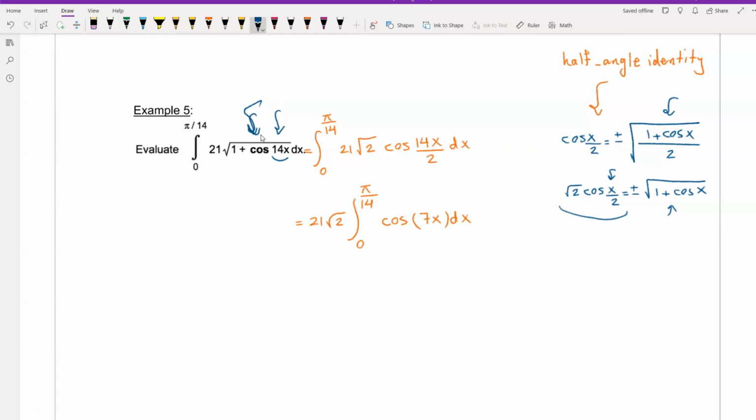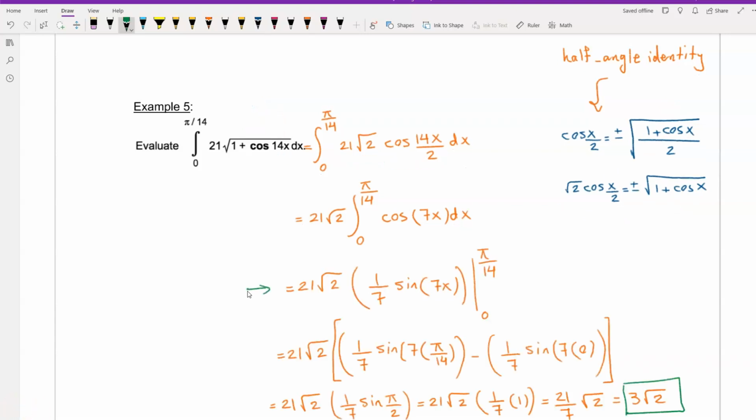So that is equal to, I moved this part outside of the integral and rewrote what we have after the integral. And then this is equal to 21 times square root of 2.